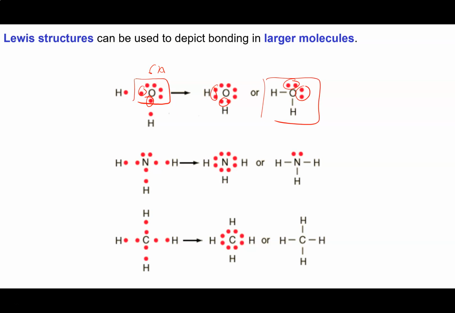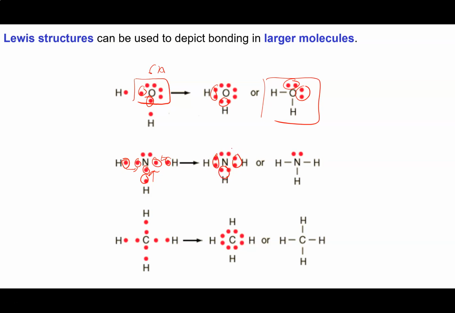Okay, here we go to nitrogen, combining with hydrogen. Nitrogen's in group 5A, so it's got 3 unpaired dots in its Lewis symbol. And then here are the hydrogen atoms that are in group 1A, and you can see these are going to pair up and form bonds.